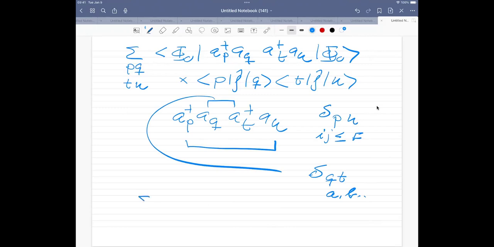So what we get now is a sum over A and I, and if I now pick up my contractions, I have P and U, which have to be hole states. So I have my A f I here, and then I have my I f A.